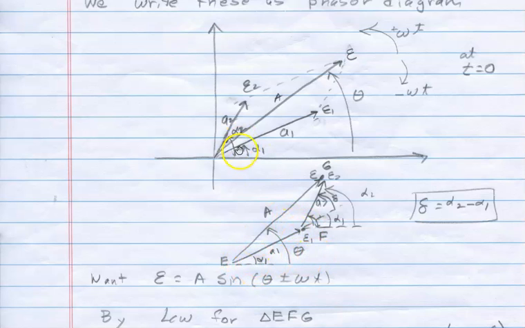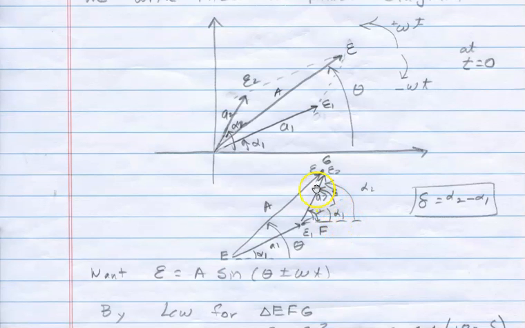Alpha 1 is this angle with the x-axis. Theta is the angle of the resultant with the x-axis. And if you look at alpha 2, it is the total angle alpha 2 makes with the x-axis, so alpha 2 is really all of this here.